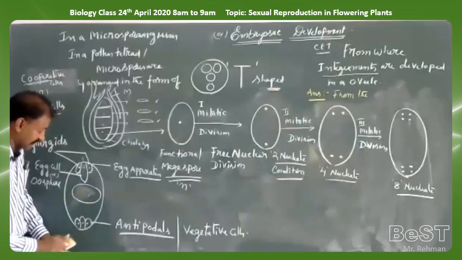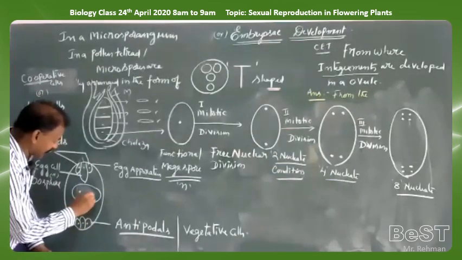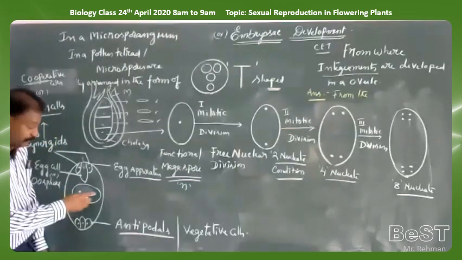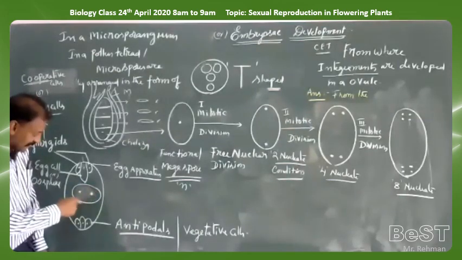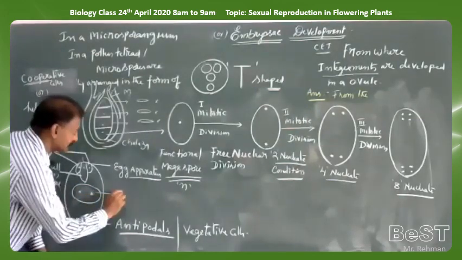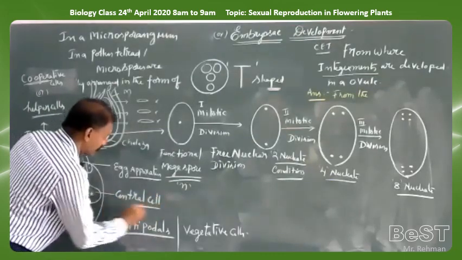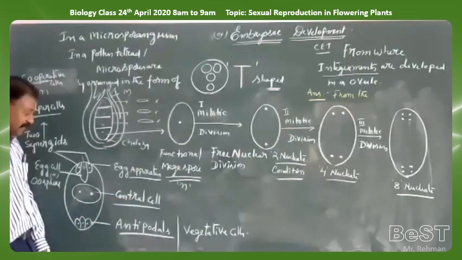By the fusion of the 2 polar nuclei, a single cell is formed, which is called the central cell. So in the central cell, 2 nuclei are present.